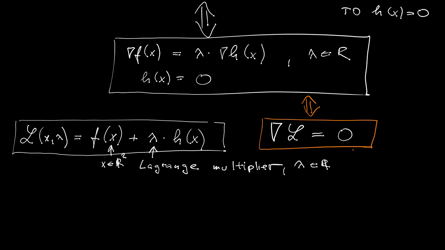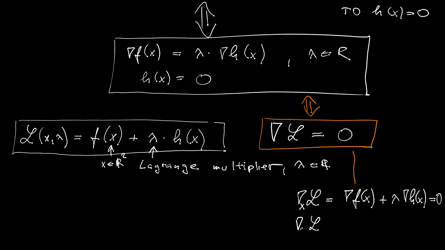Therefore, I can rewrite this condition as: the gradient of the Lagrangian L with respect to x, which is the gradient of f plus lambda times the gradient of h, is equal to 0, and then the gradient of L with respect to lambda is just h of x equal to 0.